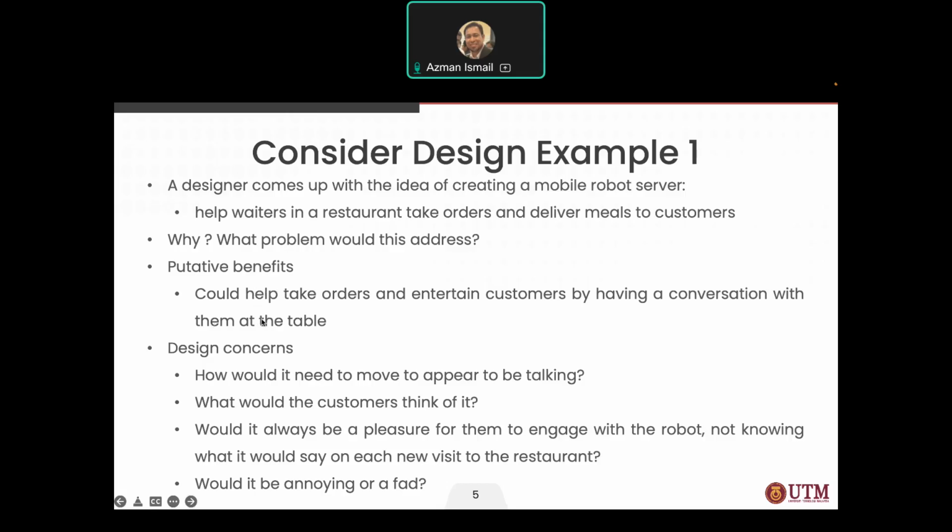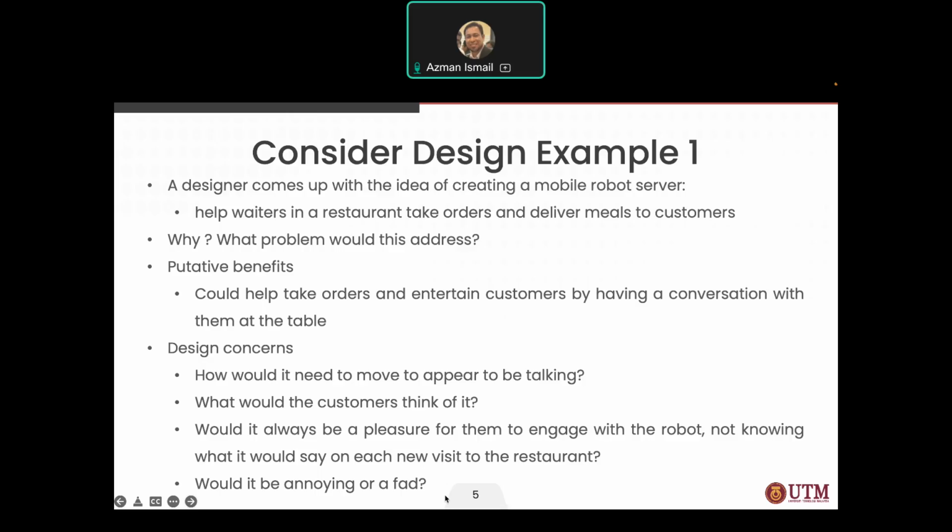Okay, there also needs to be a look into the design concerns. How would it need to move to appear to be talking? What will the customer think of it? Would it always be a pleasure for them to engage with the robot, not knowing what it would say on each new visit to the restaurant?